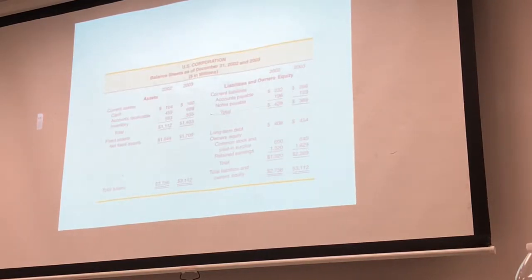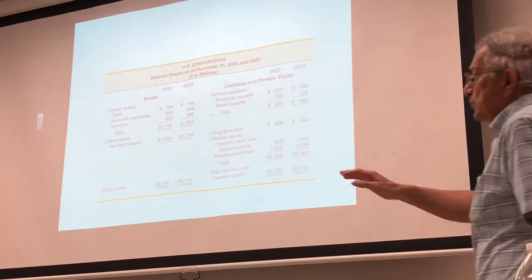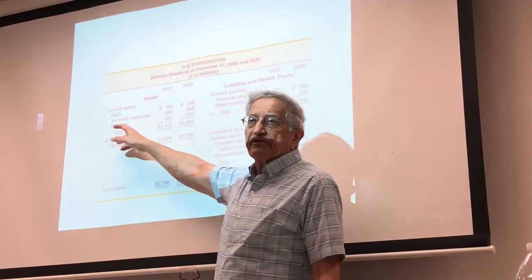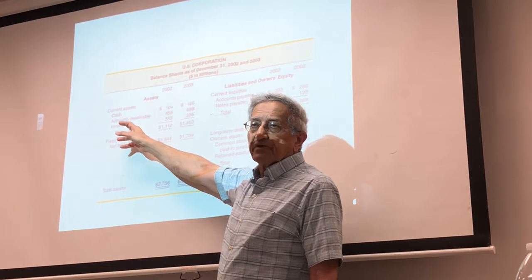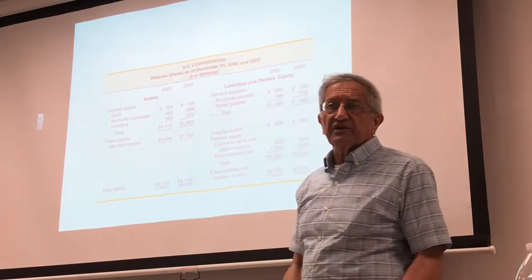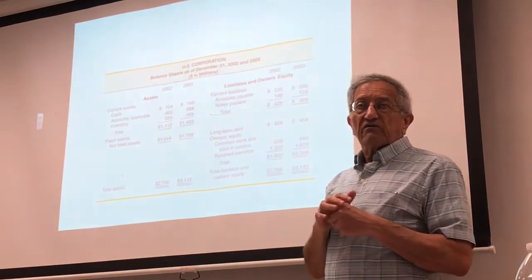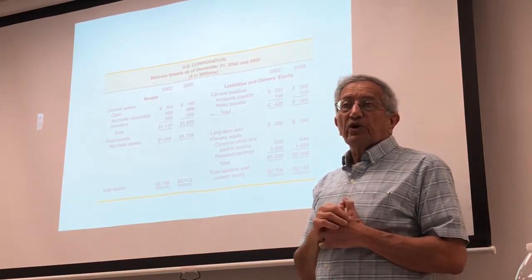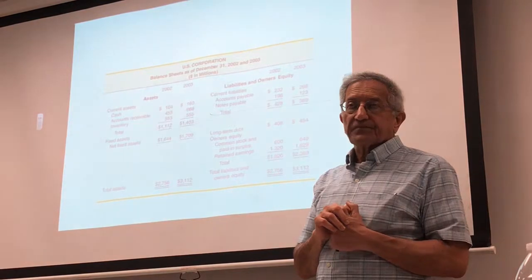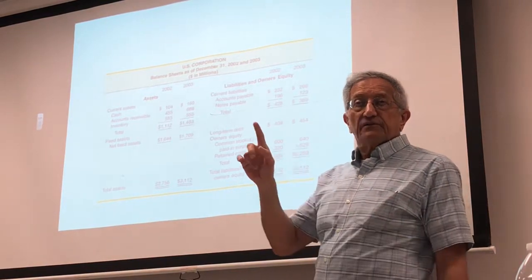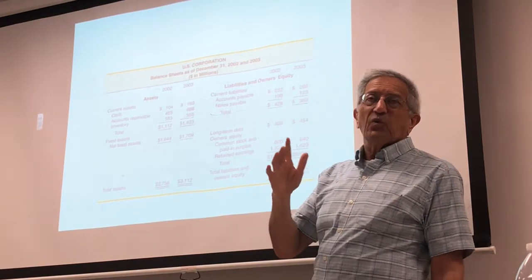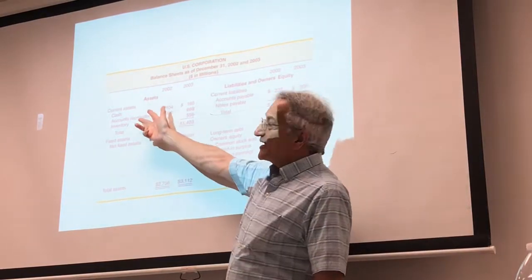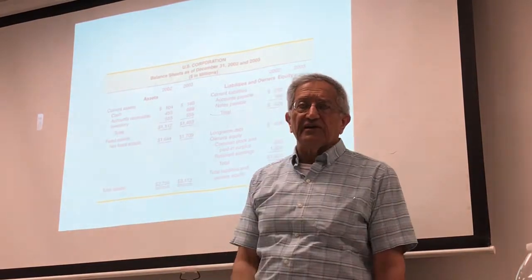Let's take a look. Current assets, do you remember we called current assets by a different name in chapter 1? Does anyone remember what the name is? Current assets is the same thing as working capital. Working capital, okay? So life is 1 year or less, generally less than a year. So the life of these assets, what do I mean by the life?